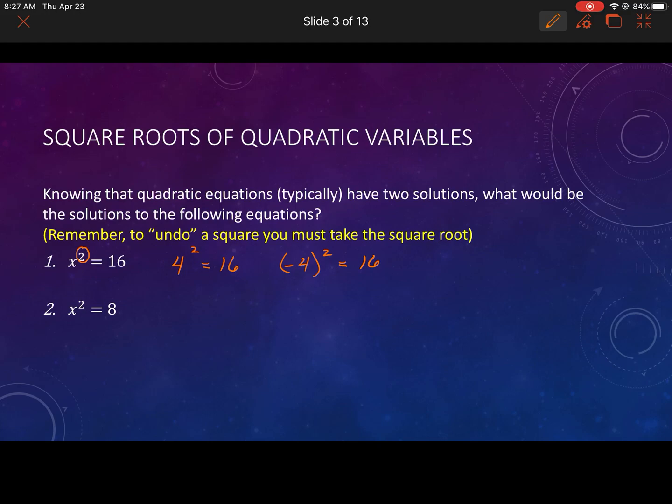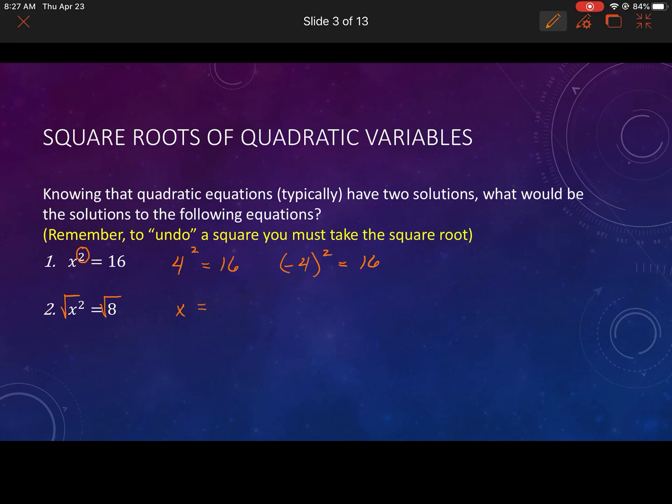So let's take that a step further and say, what if it's not a perfect square? Because we have an x squared, we're going to take the square root of the left, so that gives us x. And whatever I do to one side, I have to do to the right side, so I take the square root of 8.